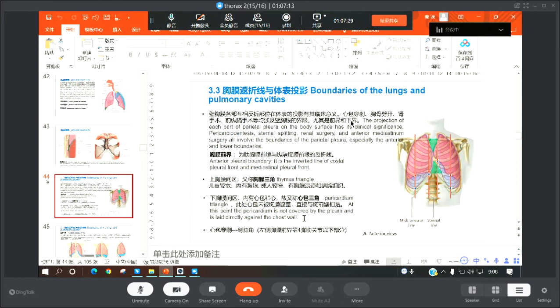Okay, so let's see the next part, which is about the boundary of the lung and the pleural cavity.